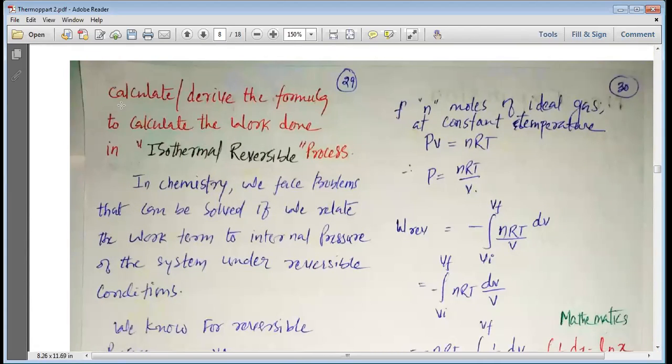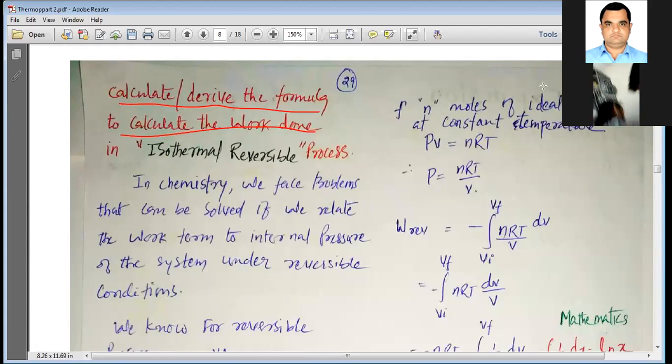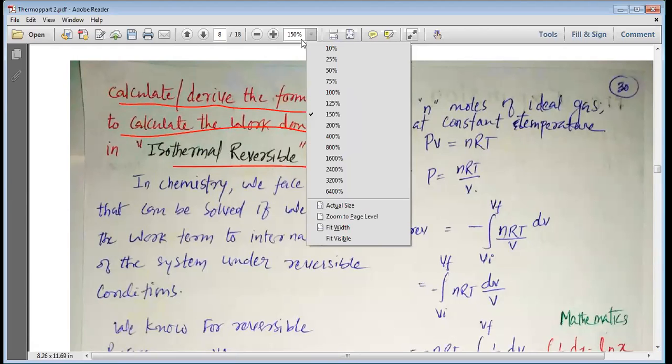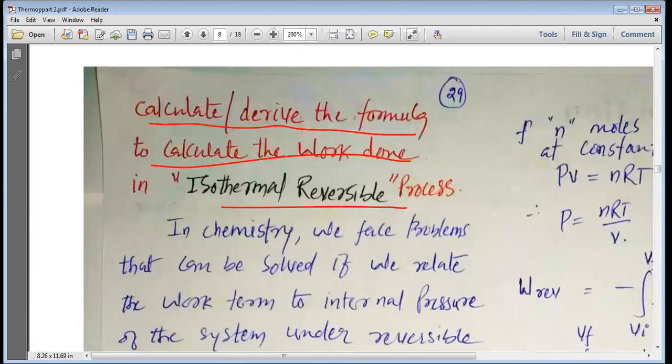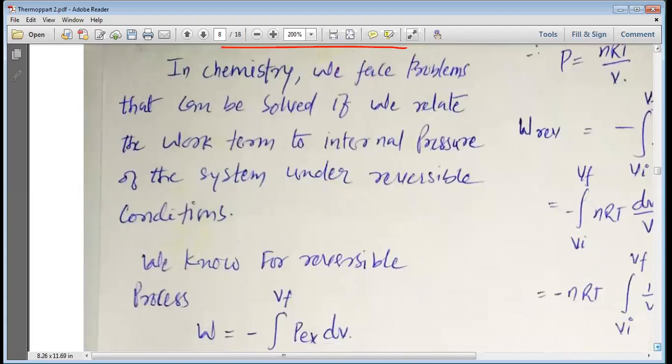Now, my dear students, we want to derive the formula for calculation of the work done in the isothermal reversible process. So let us move forward and derive the formula to calculate the work done in the isothermal reversible process.